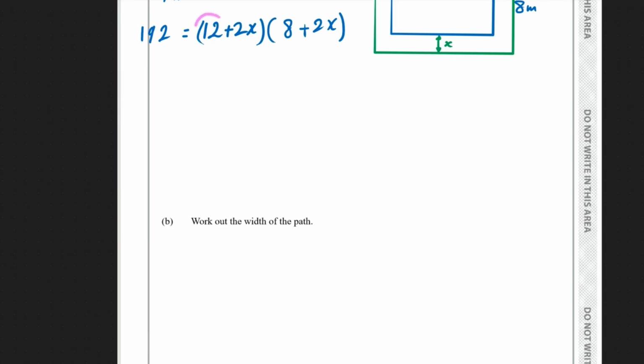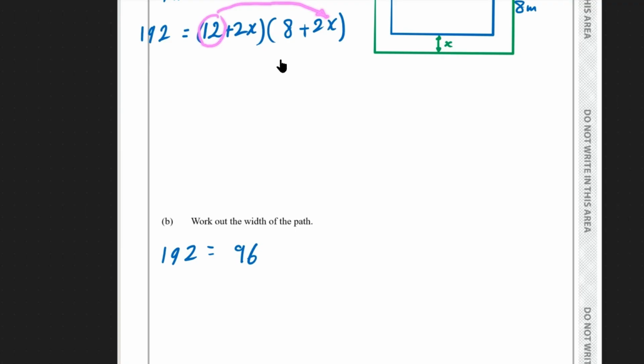12 times 8 would be, 10 times 8 is 80, and add another 16, that means it's 96. So we say 192 equals 96, and then we start with 12 here, and the second term of the other bracket is 2x.